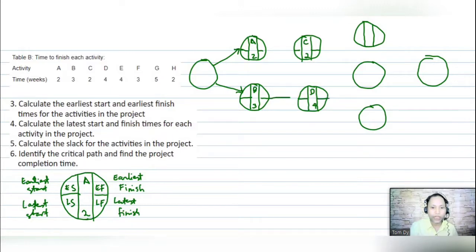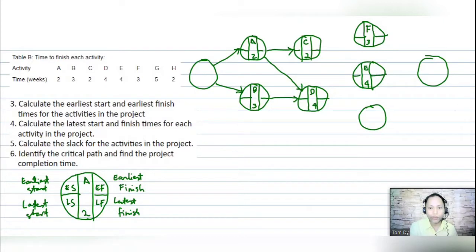There's an arrow connecting to this circle. And then we have this arrow. And then C, this is our F, whose duration is 3. We have here E, wherein the duration is 4.